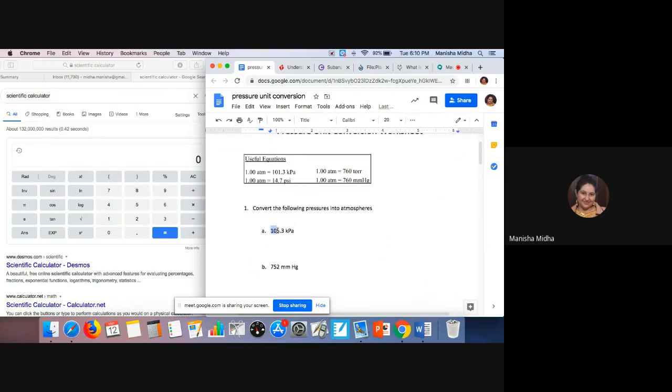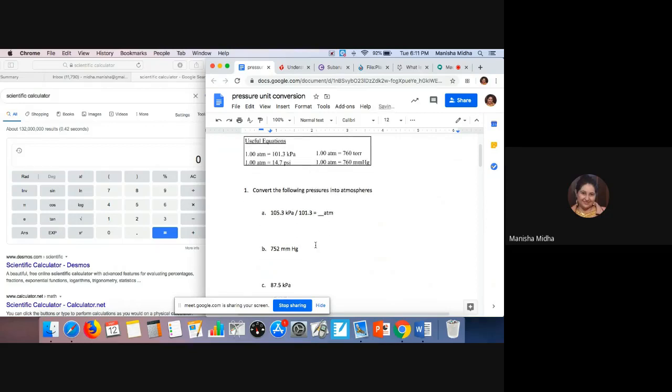So this is a value 105.3 kPa, which has to be converted into atmosphere. And here I see in kPa, this is the conversion value 101.3. So basically you are dividing the given question value by the constant 101.3, that will give you the answer in ATM, because you are going to convert all these values into ATM.